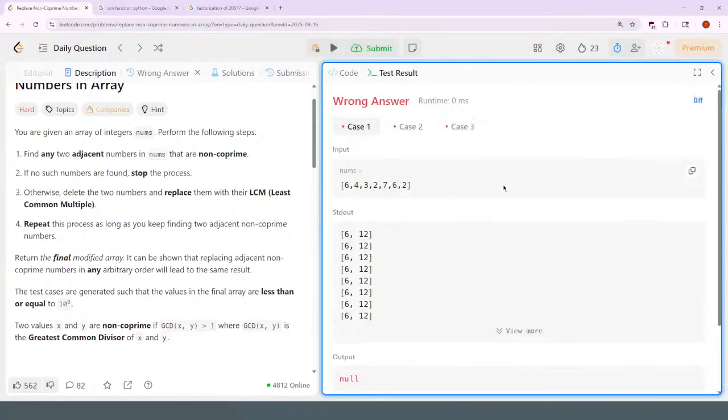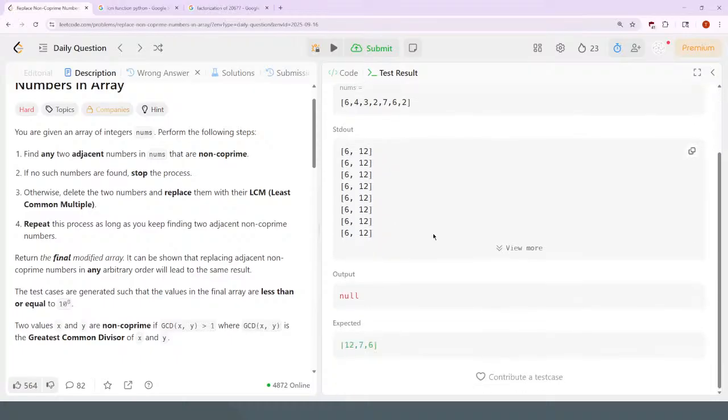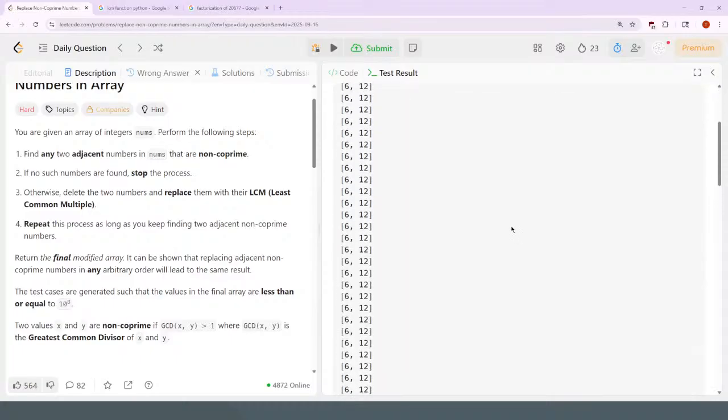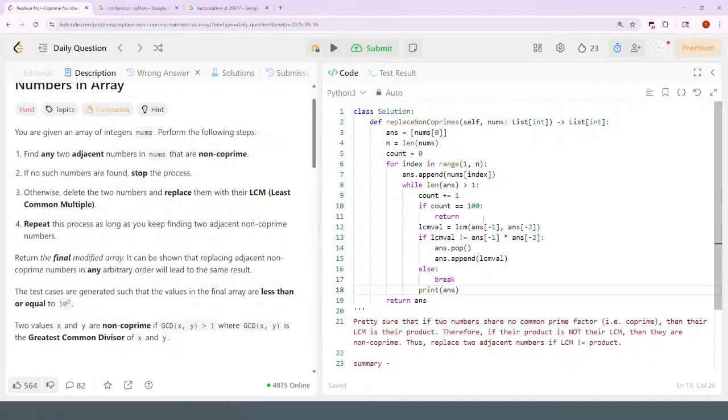All right, what's going on? 6, 12. Excellent, excellent. So LCM of 6 and 12 should be 12.